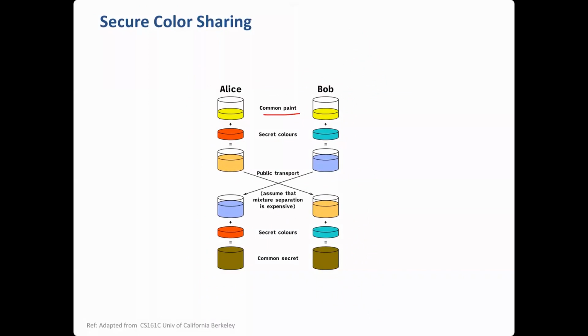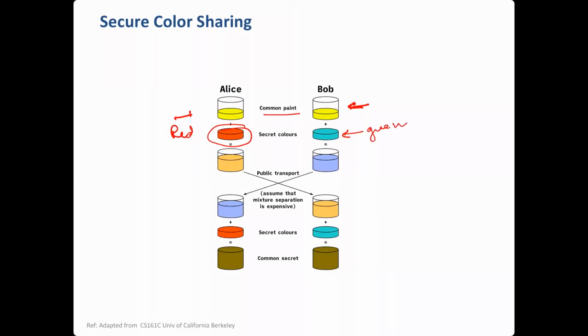Both start with the common paint color, and then Alice decides, here we call it red in this example. When we come to the next slide, the colors are different. Bob uses this color, which I don't know what it is, maybe light blue or green.